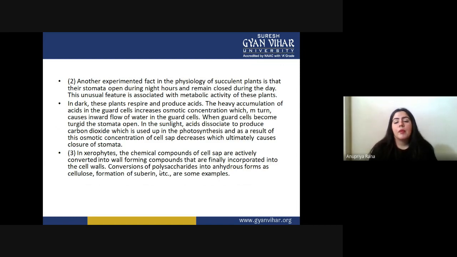So some of their cell sap, or you can say the cytoplasm of these xerophytes, has the tendency to convert into lignin or any type of material which can cover the cell wall. The more the cell wall is covered, the more sclerenchyma tissue will be formed. If sclerenchyma tissue forms inside their body, it will increase their mechanical strength.